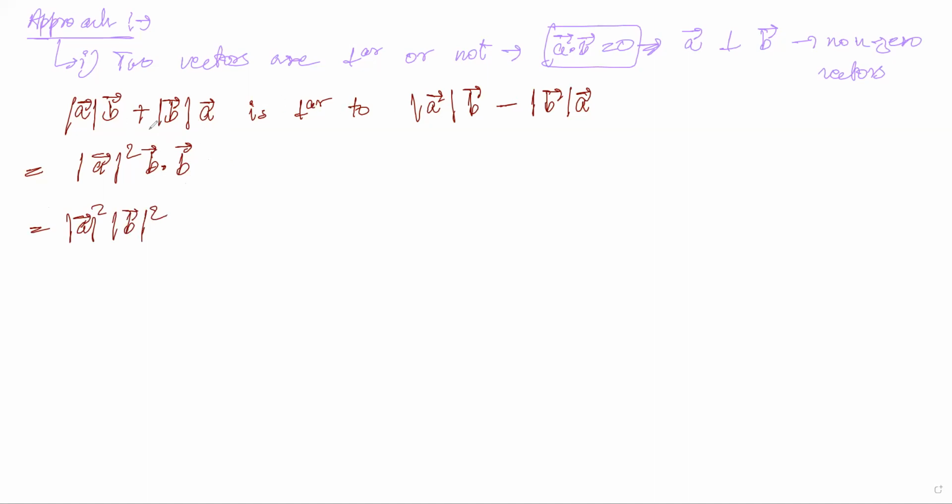Now the second value will be minus A dot B, mod A mod B, plus mod A mod B, A dot B, and the last term would be minus mod B square, and similarly A dot A, that will become mod A square.